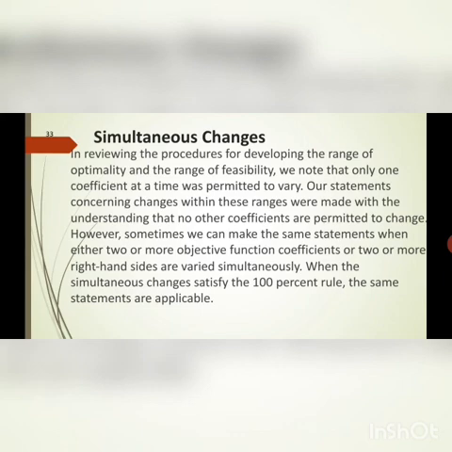However, sometimes we can make the same statements when either two or more objective function coefficients or two or more right-hand sides are varied simultaneously. When the simultaneous changes satisfy the 100% rule, the same statements are applicable.